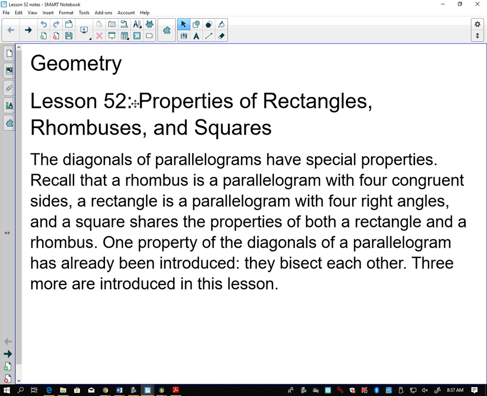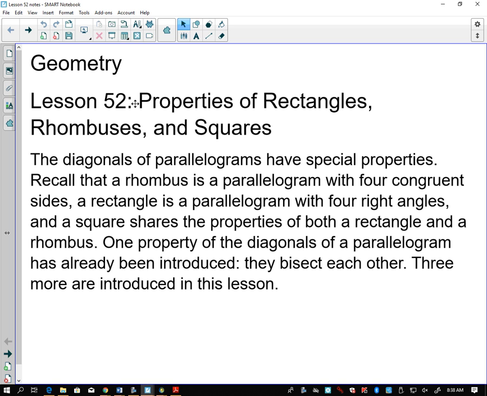One property of the diagonals of a parallelogram has already been introduced. They bisect each other, because all three of these are parallelograms, right? And the rule that we already know about the diagonals of parallelograms is that they bisect. So whether it is a square, a rhombus, or a rectangle, the diagonals will cut themselves in half into two congruent segments.